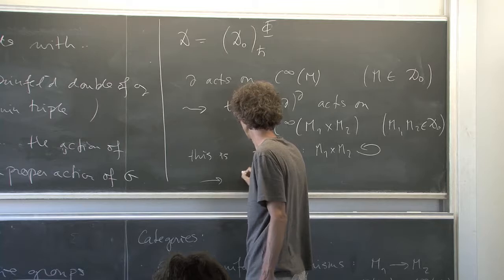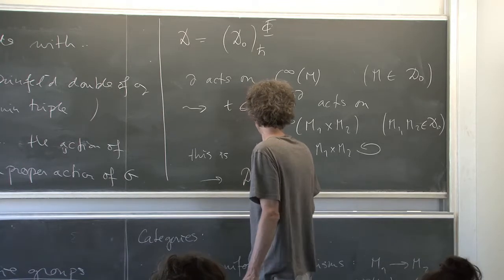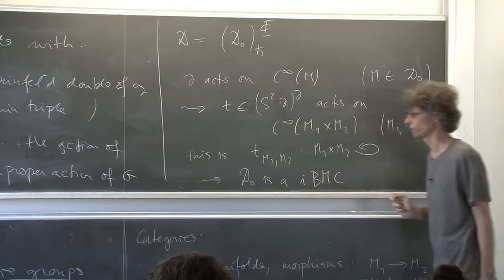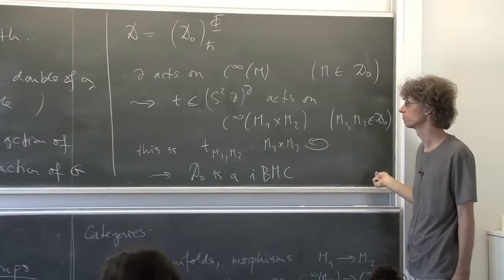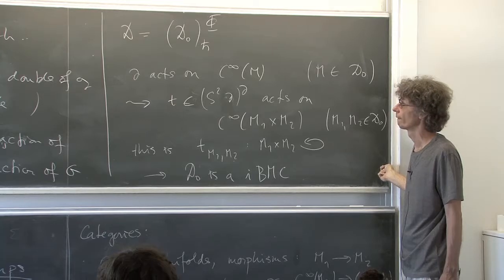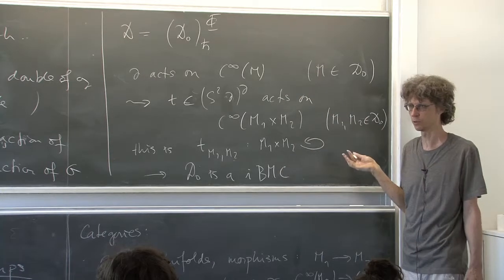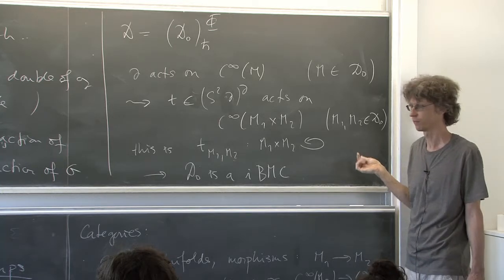So from that we see that D0 is an infinitesimally braided monoidal category. That's it. And now we can run all that machinery, now that we know those two categories.